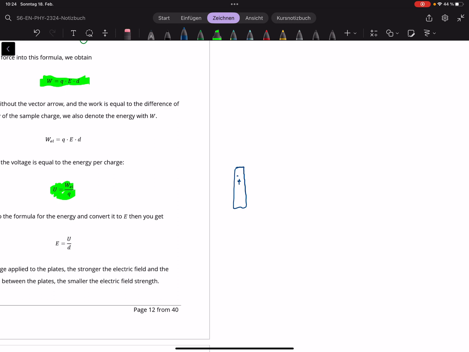Indeed, there is an attraction, but that's just within the atom. Okay, so since there is no charge at all that is being separated, there wouldn't be any potential difference.